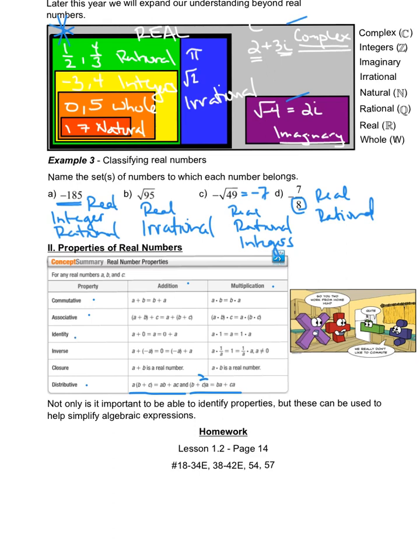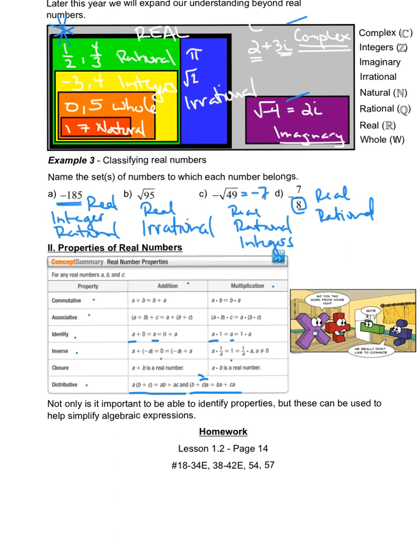Identity, remember, you start and finish with the same number. That's a little bit different than inverse, because inverse, we either finish with 0 or 1. So identity, you start with a number, you finish with the number. Inverse, you start with a number, and then you finish with either 0 or 1, depending on whether it's addition or multiplication.